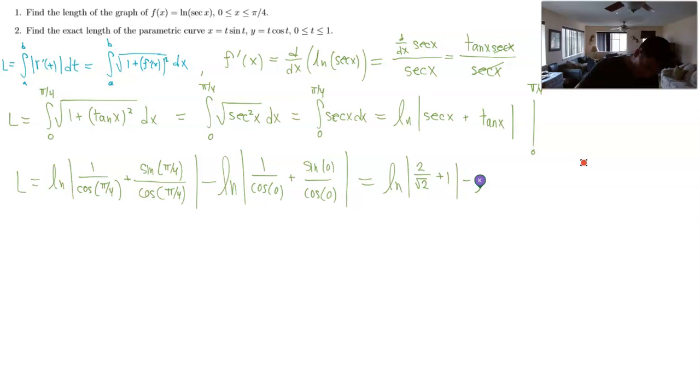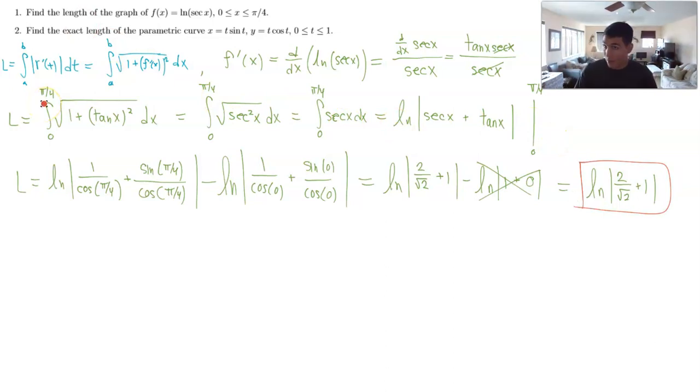And then we get minus ln. Okay, now we have 1 over cosine 0. Cosine of 0 is 1. Plus sine of 0 is 0. Now ln of 1 is what? ln of 1 is 0 itself. So we just get ln of 2 over square root 2 plus 1. That is your arc length for the first part.